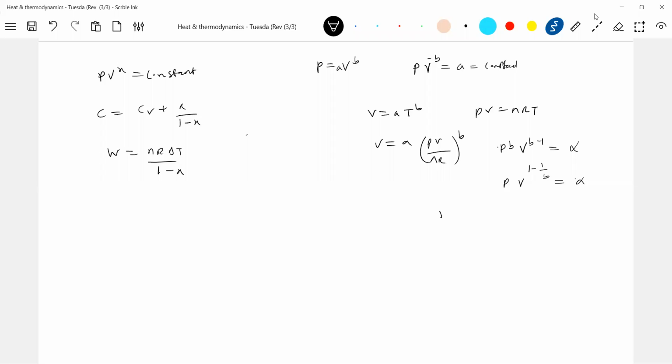Now this X will become 1 minus 1 by B. Now we can check it. Monoatomic gas. Will it satisfy the earlier way we were thinking?